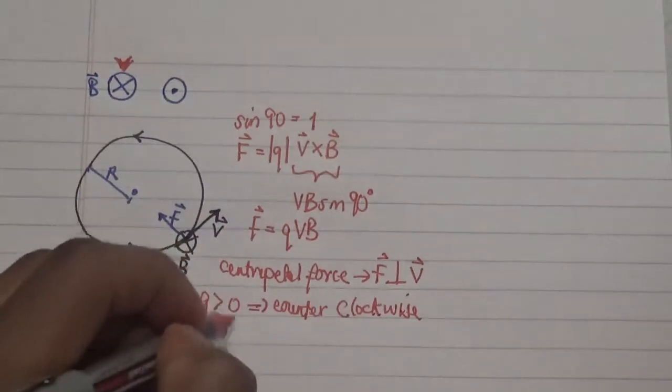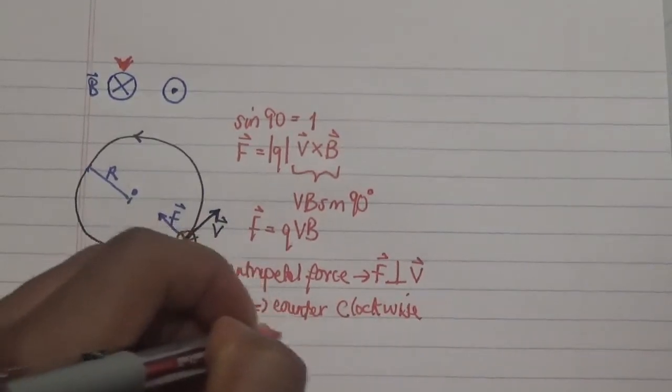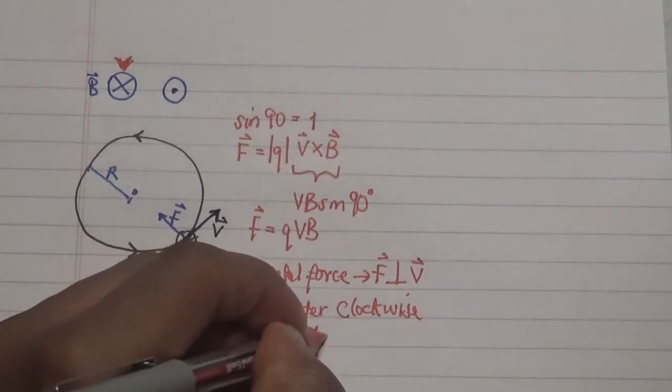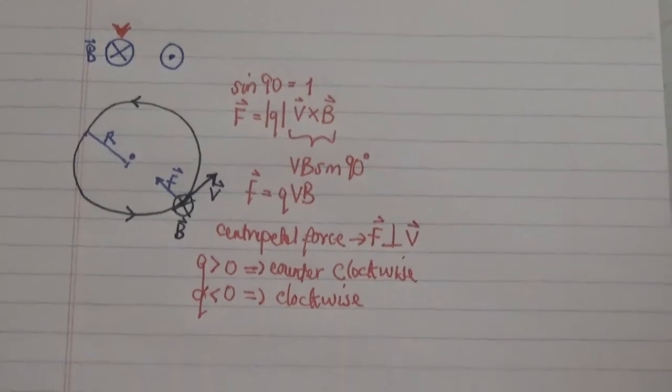On the other hand, if the quantity of charge is less than 0, then we have a clockwise motion of our charged particle.